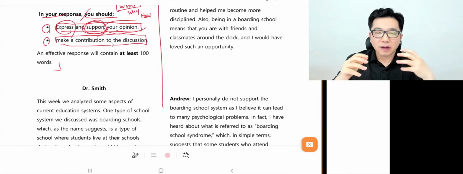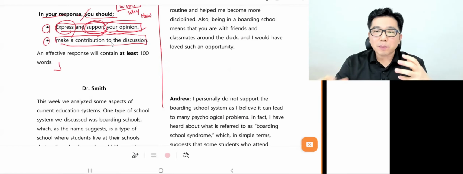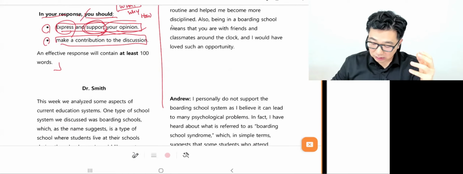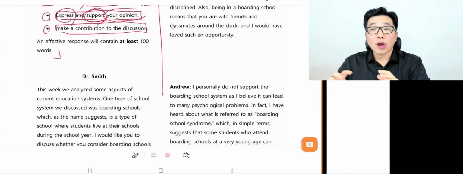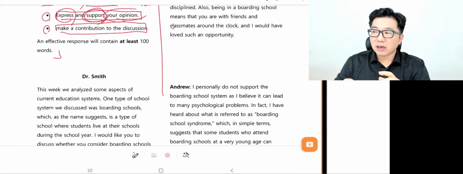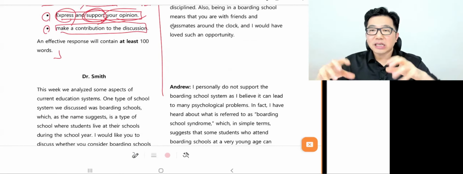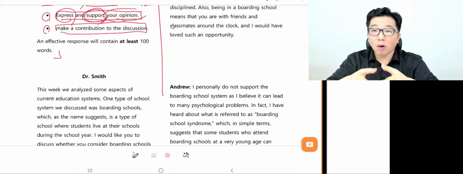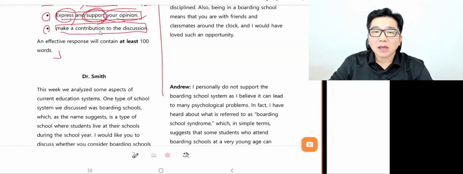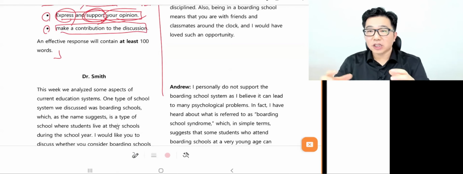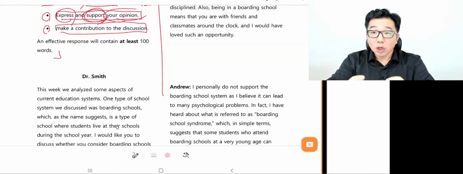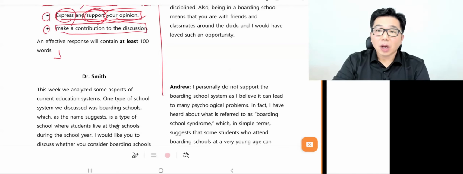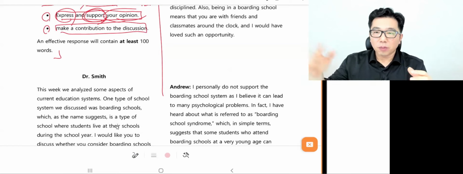Or if you are already partially using the reasons Claire and Andrew have mentioned, then you should give additional detail. You should elaborate the same reason more in depth or more widely, right? You have to add your own contents to the same question. Obviously, you have to answer the question. You have to be on the topic. If you are off topic, there will be a huge deduction.